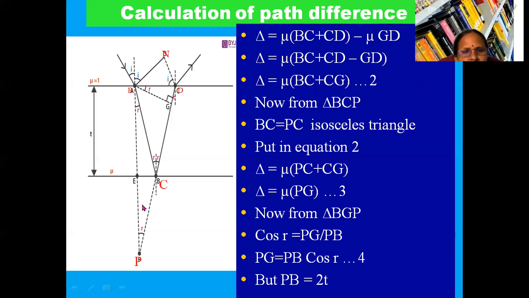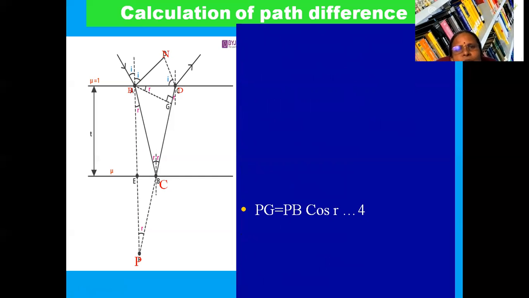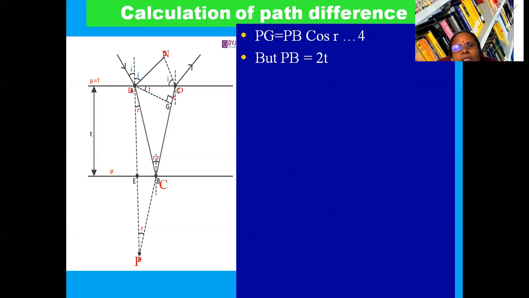Therefore, PB is approximately twice the thickness of the thin film, and we can write PG is equal to PB cos R, where PB is equal to twice T. Therefore, PG is equal to twice T cos R.